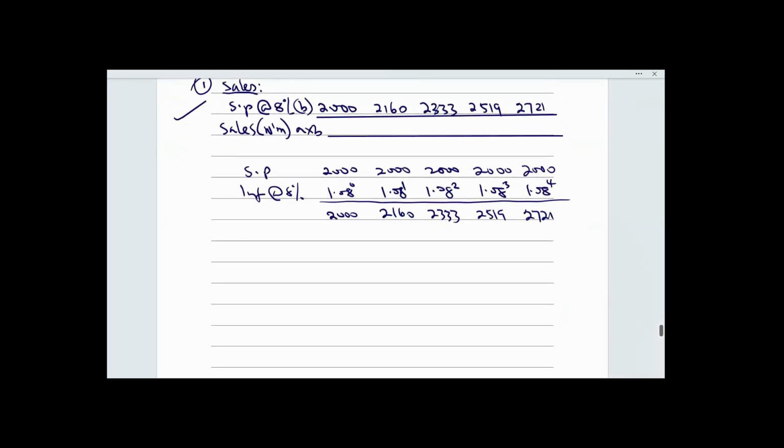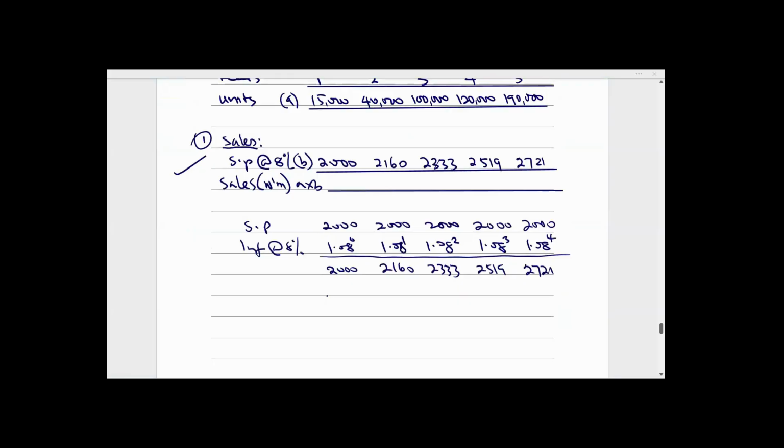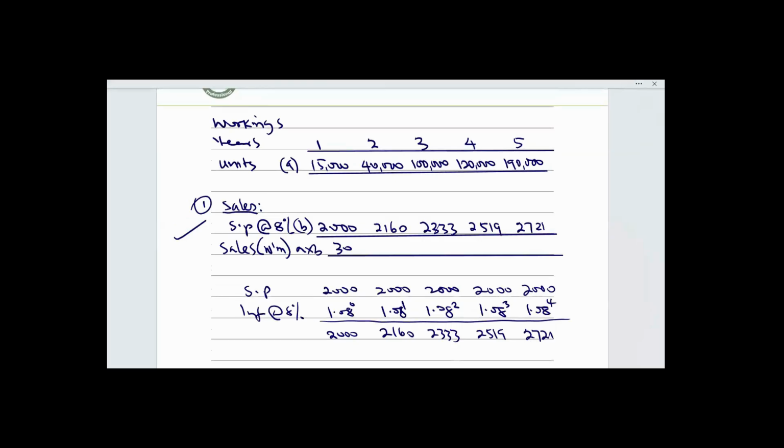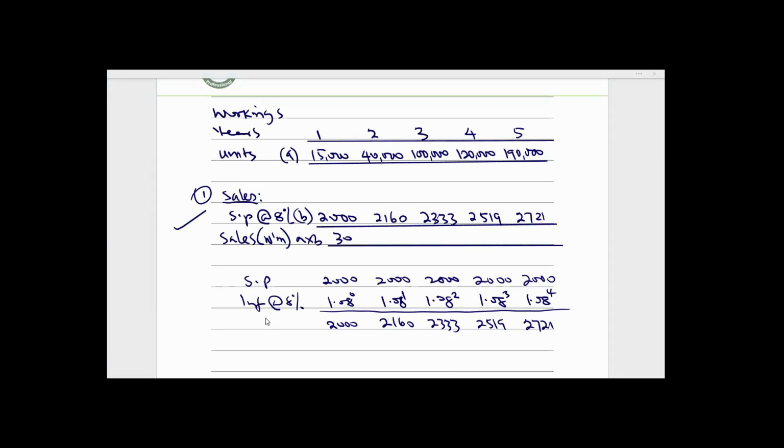So I will say 15,000 multiplied by 2,000 equal, that's 30 million. So I will put 30. Figures are in million. Then 40,000 units multiplied by selling price of 2160 equal 86.4.